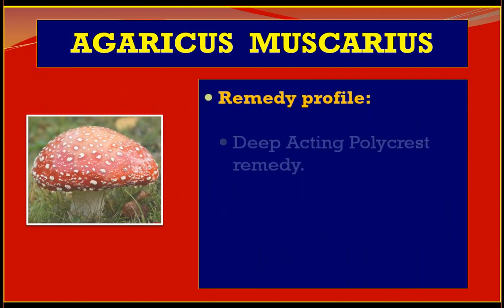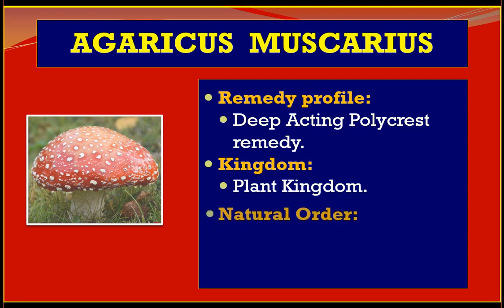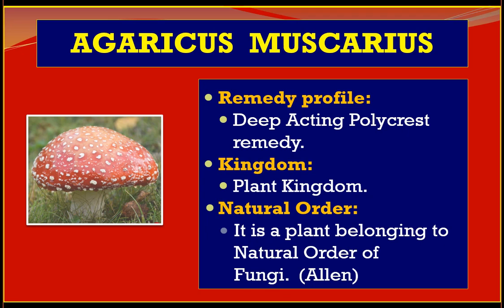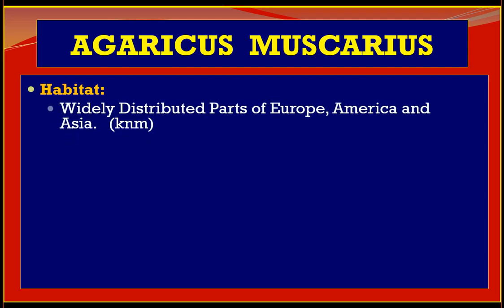The remedy profile: it is a deep acting polycrest remedy. It belongs to the plant kingdom and the natural order is fungi. Habitat: it is widely distributed in parts of Europe, America and Asia.